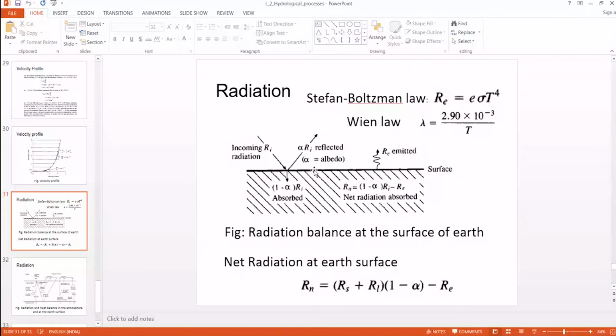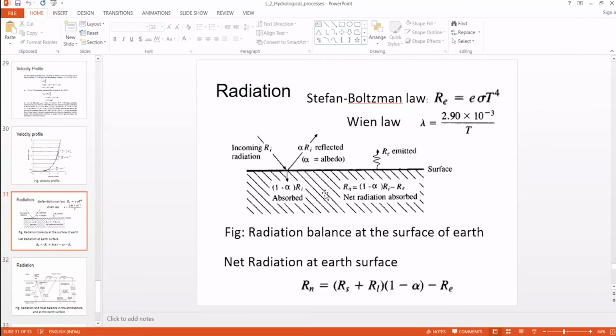Water bodies absorb most of the sun's radiation and don't reflect much, so alpha is very small, about 0.06. Whereas a snow surface doesn't absorb much and reflects most of it, so alpha is 0.97.